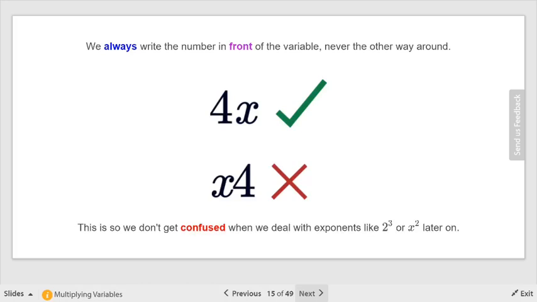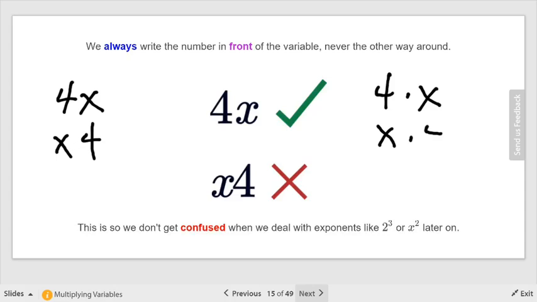Now, here's something interesting though. Technically, right? Are you listening, guys? Technically, do 4x and x4 mean anything different? No, because the commutative property says it means 4 times x or x times 4, right? So technically, they don't mean anything different. But here's another convention.